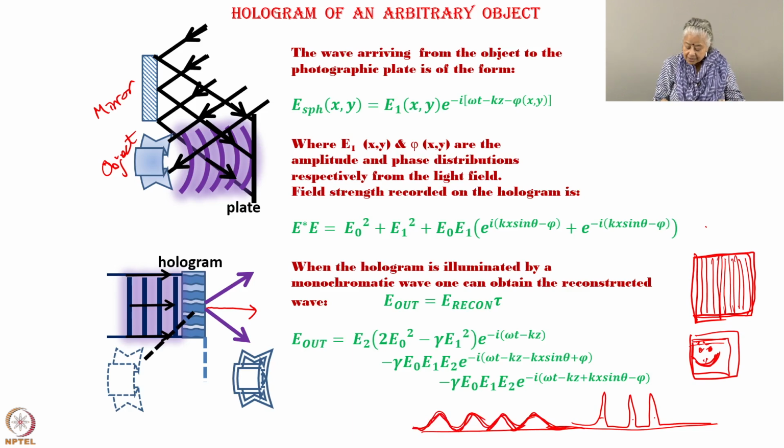Suppose you have a plate which is unable to record this curvature, you do not have enough silver halide or whatever in that. Then your final picture will not imitate your object at all. The final picture will be some rough sketch of this. It will not be the exact replica of this.